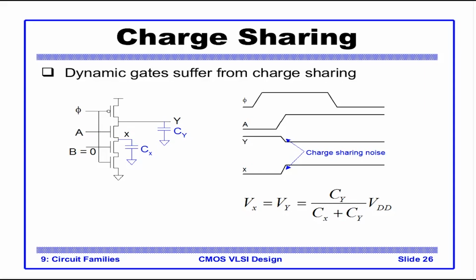Now when would this problem not occur? This problem will not occur in two cases. Case 1, if we are able to make Cx 0, or case 2, when Cy is much greater than Cx. How do we do that?